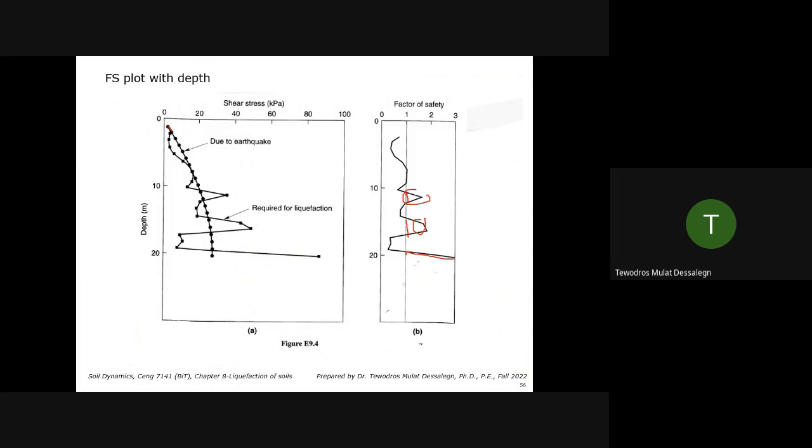We realized this is done after the earthquake. After researchers came up with the realization of liquefaction, they came up with techniques, analytical approaches, and they evaluated. When they evaluated, they got a reasonable value. The soil actually liquefies. Before the earthquake, they didn't know this.